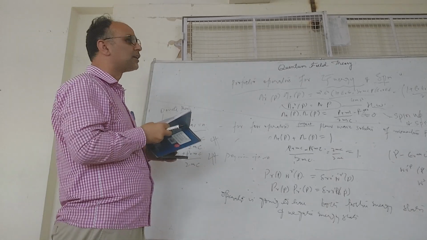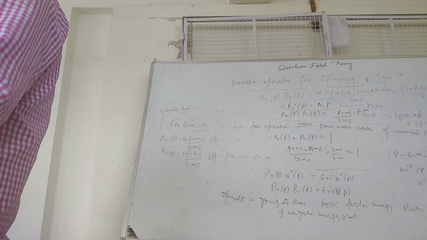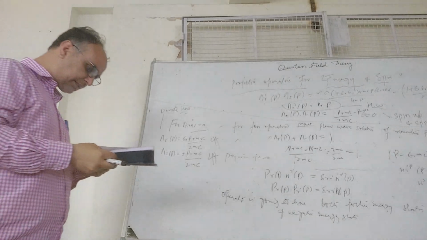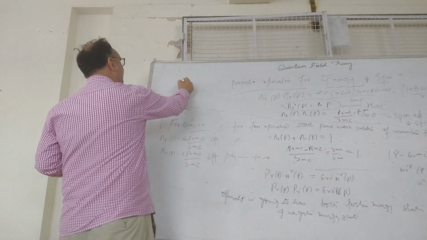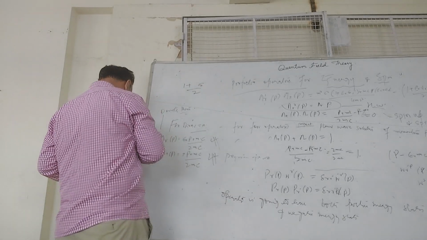So if we go for, we can have both polarizations, spin up polarization as well as spin down polarization. So for a spin up, we can take sigma by sigma.